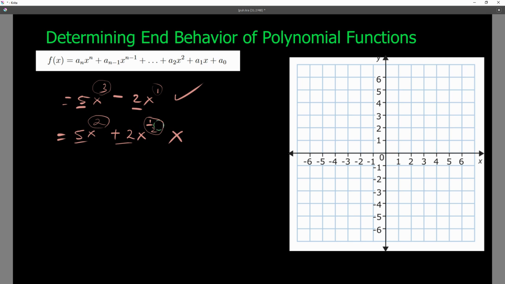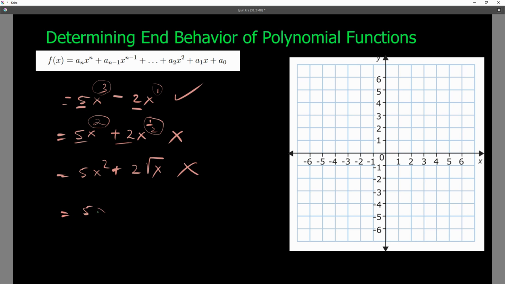No. Just because of that 1/2, this is not a polynomial function. That can be written as 5x squared plus 2 radical x. That is also not a polynomial function, because radical means it's an exponent to a fraction, in this case 1/2. So it's not a polynomial function.